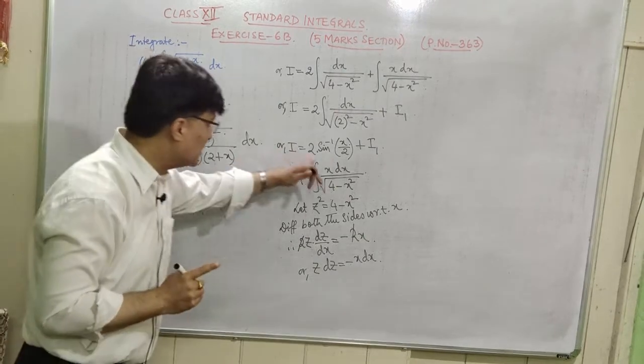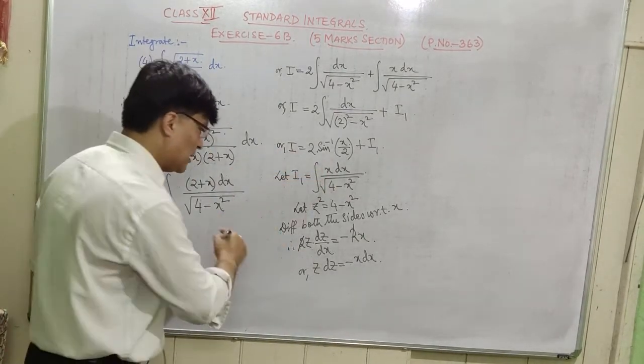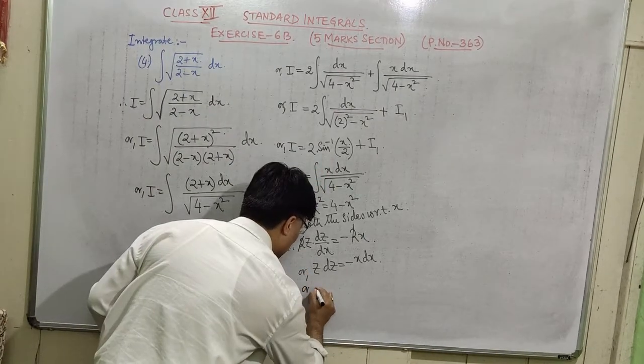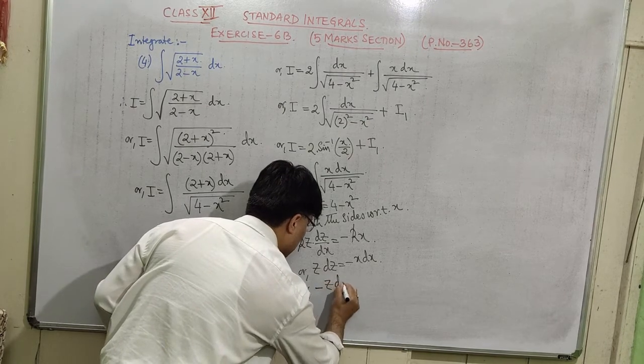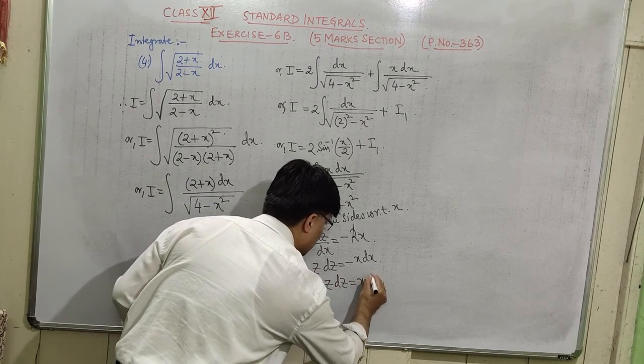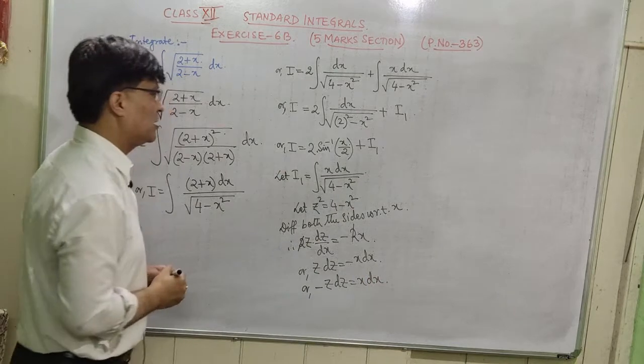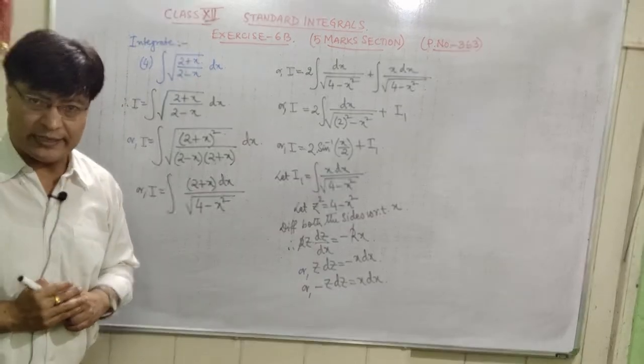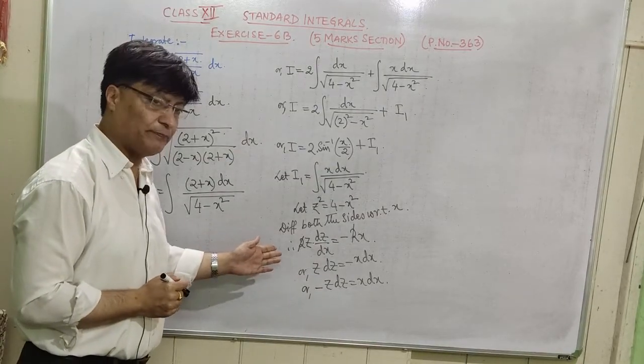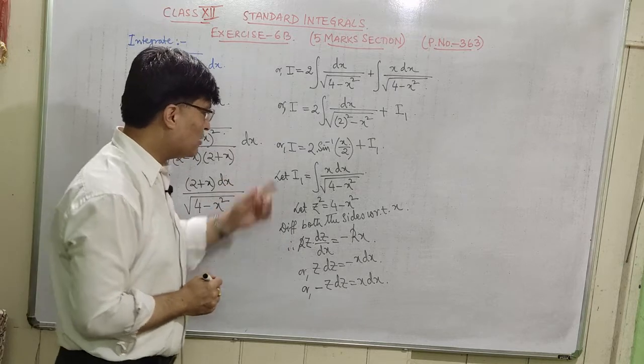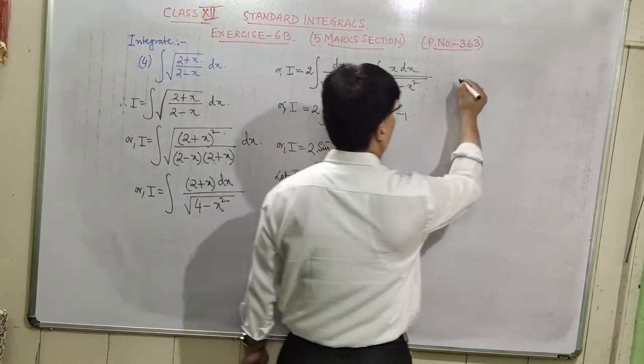Now in this case we have got x dx. Let us take this minus sign to the left hand side. So minus z dz is equal to x dx. So we have got the value for x dx, which is equal to minus z dz. Let us put these values in I1.